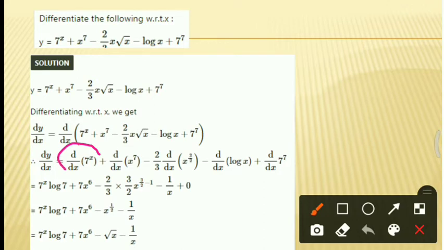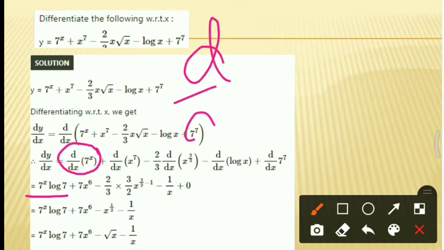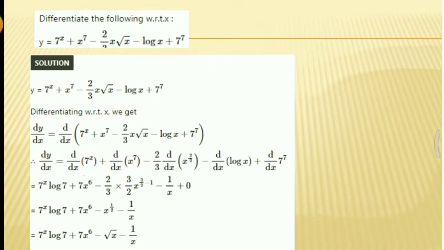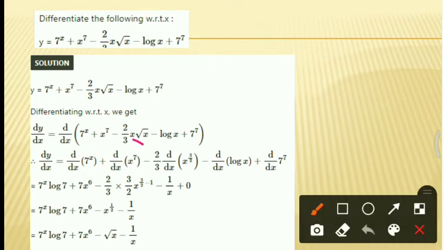Now first term, d by dx of 7 raised to x is 7 raised to x into log 7. It is the direct formula. Derivative of exponential function, we will use here the formula d by dx of a raised to x. a raised to x हा जो फॉर्म्युला आहे तो या ठिकाणी यूज केलेला आहे. d by dx of x raised to n, use the formula for x raised to n.